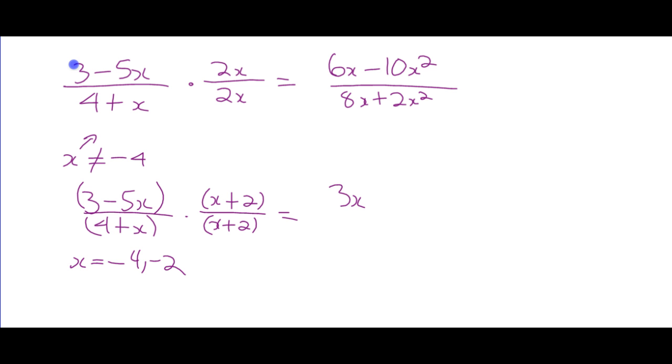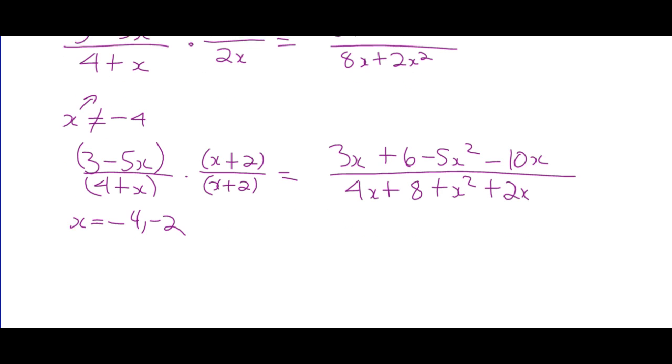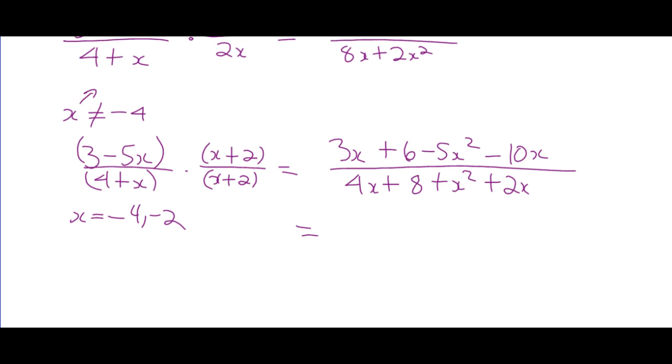So we get 3x + 6 - 5x² - 10x over, on the bottom, 4x + 8 + x² + 2x. And then when we write it from the x² term on down, this becomes -5x² - 7x + 6, and this becomes x² + 6x + 8.